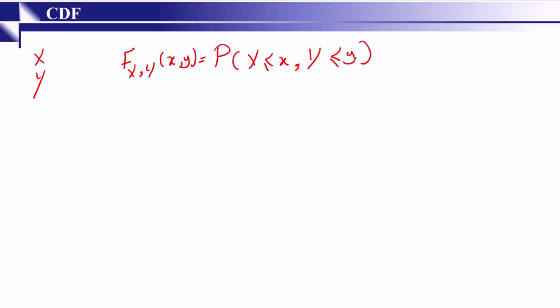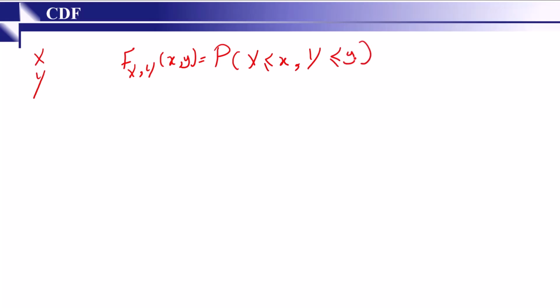So the next topic here is CDF, or cumulative distribution function, for joint probability distribution of discrete random variables like x and y that we have. So we write it in this way: F x,y of x and y is equal to the probability of X less than or equal to a small x and Y less than or equal to a small y.